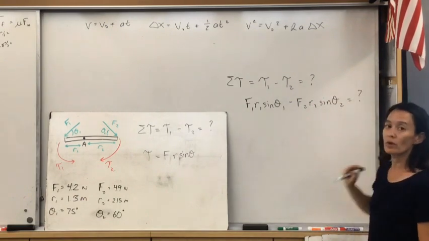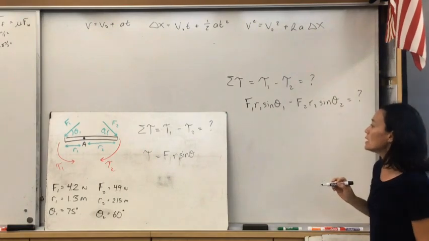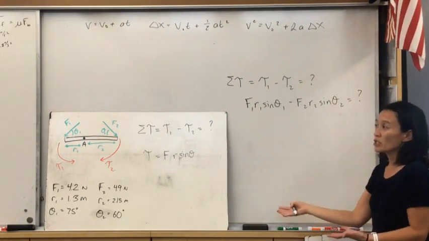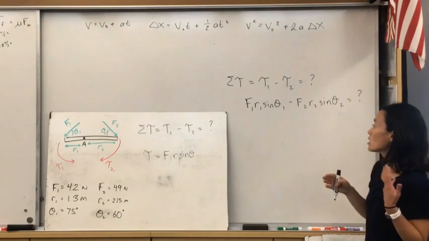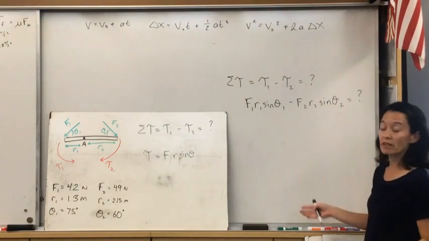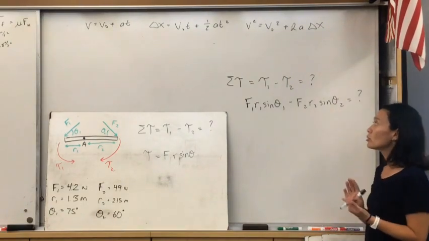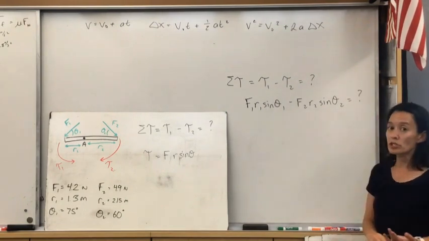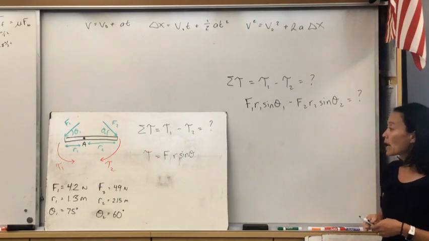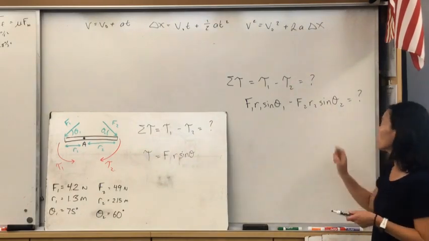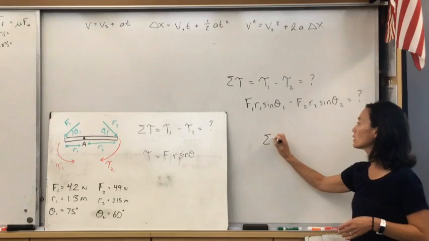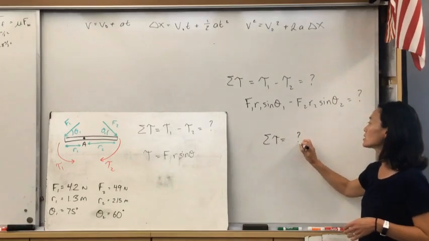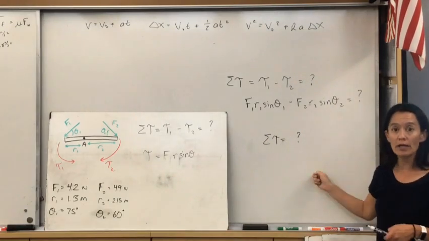And I'm trying to find what the sum is. And so this is just a matter of plug and check. You have all these force values, you have the R values, you have the theta values, just calculate. You do need to be in degree mode when you do your calculation. So go for it, calculate it out, see what you get, plug your numbers in, and what is the net torque in this situation. When you get back in class, we will talk about it and talk about its direction.